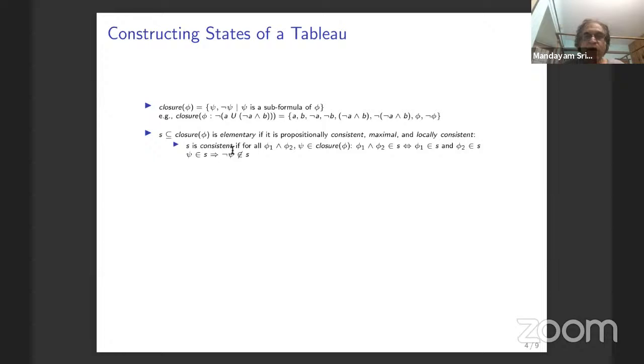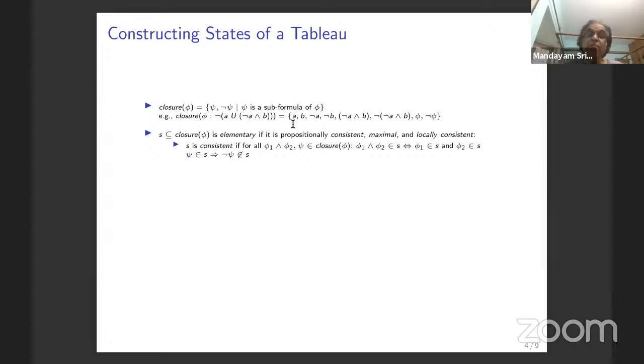So S is propositionally consistent if, for all phi 1 and phi 2 such that psi belongs to the closure, if phi 1 and phi 2 belong to S, then phi 1 and phi 2 should belong individually too. Okay? And if psi belongs to S, it cannot be the case that only phi 1 belongs.